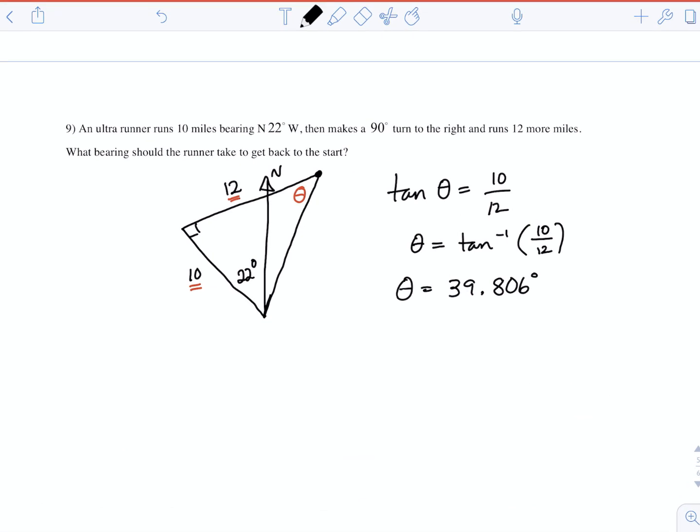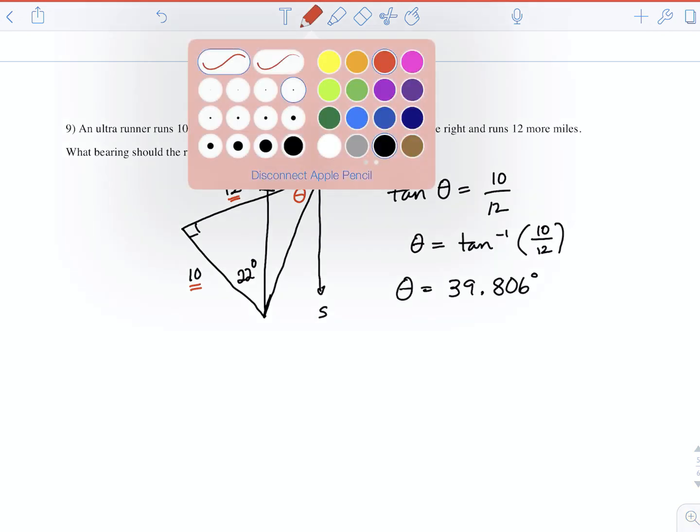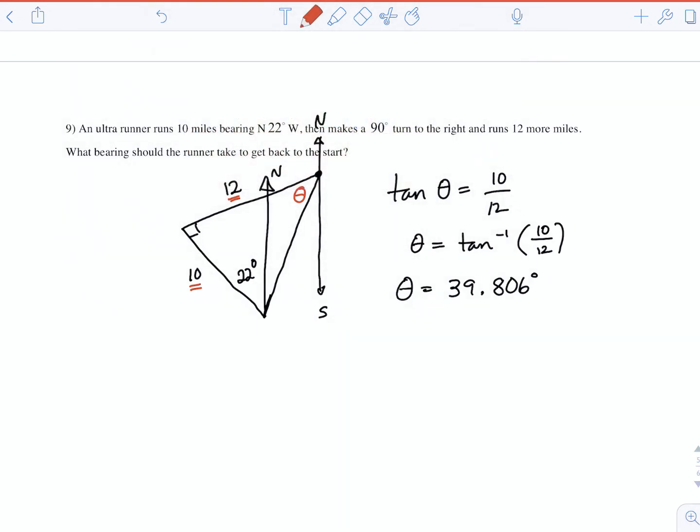The bearing means if you go from this north-south line and then you want to tell the person from the south line, go this many degrees until you're running on that line right there.